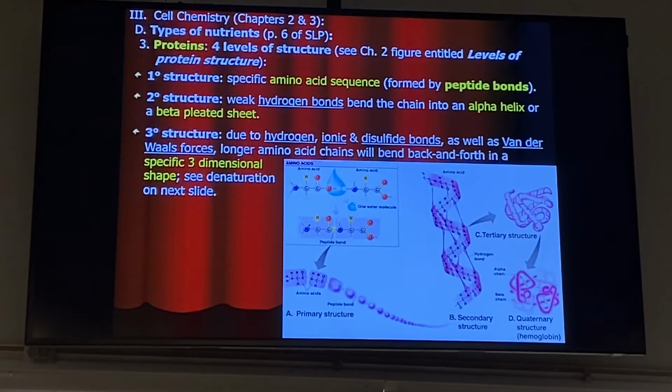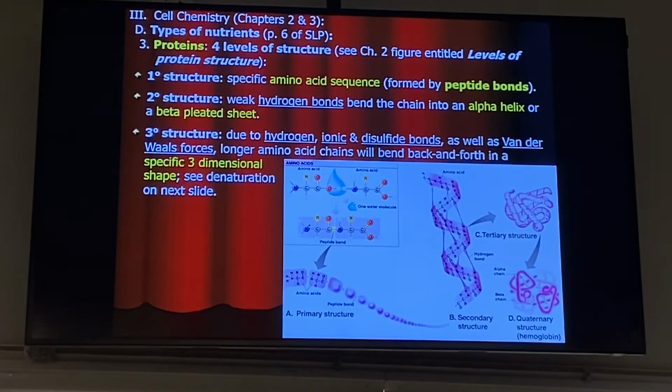Remember that certain things are hydrophilic, they love water. Certain things that are not polar are hydrophobic. Van der Waals forces is when you've got a real long chain. If you have something that's hydrophilic, and another area of the chain that's hydrophobic, it will move away from this part.